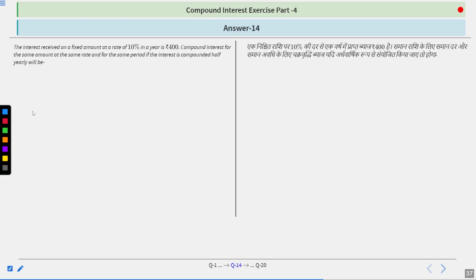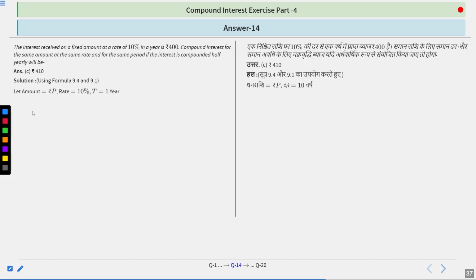So the interest received is rupees 400 when rate of interest is 10%. We have to find the compound interest for the same amount for the same period and same rate, but this time the interest is compounded half yearly. The answer to this question is option C, rupees 410, and we are using formula 9.4 and 9.1.